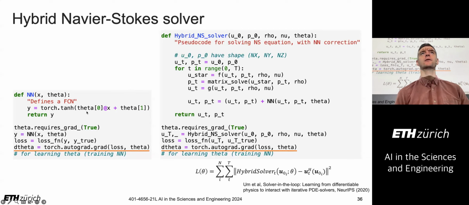They're just functions of vector inputs and they give you vector outputs. And we would train the network in exactly the same way. We'd require gradients on theta, we'd pass the inputs through this function, then we'd evaluate the loss function, then we do autograd. So hopefully you can see, line for line, this is the same workflow. Any questions on this? This is really important to understand, that these two are basically the same.